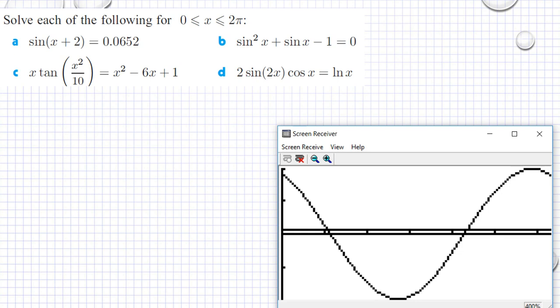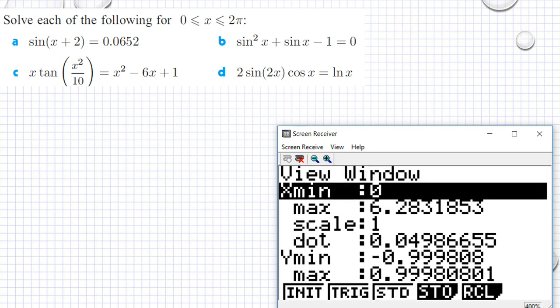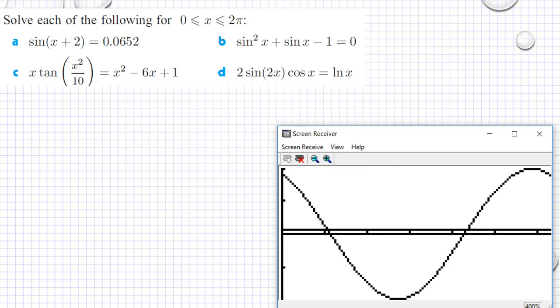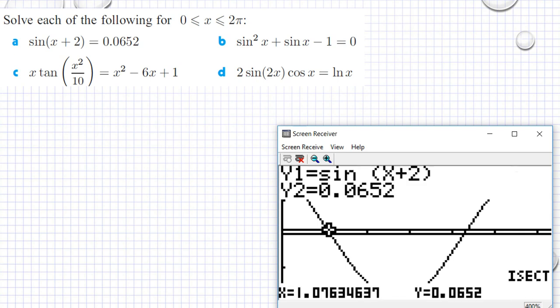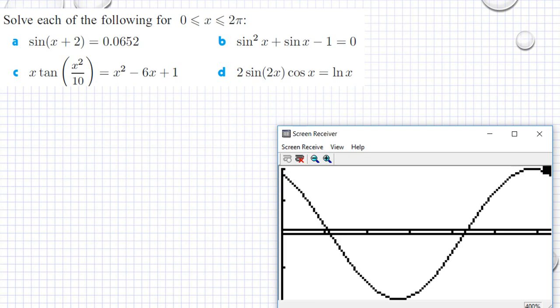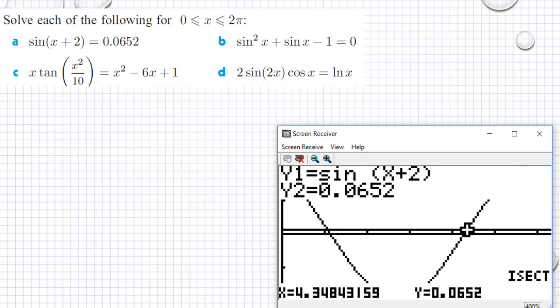I only have up to 6.2, which is 2 pi. So exit, and then we solve, and then solve again, and we have the first intersection, 1.08, and the second will be 4.35.